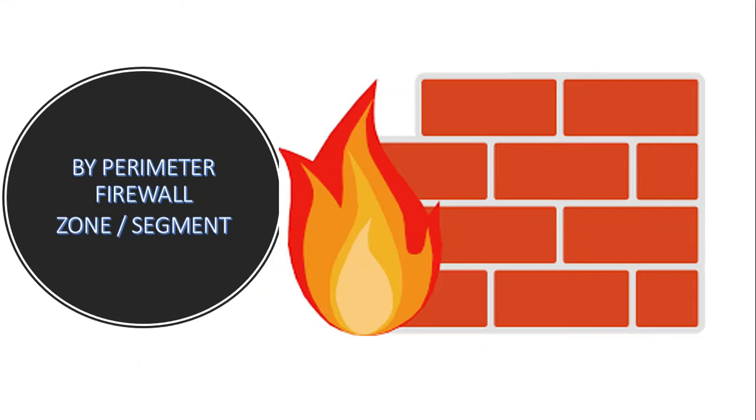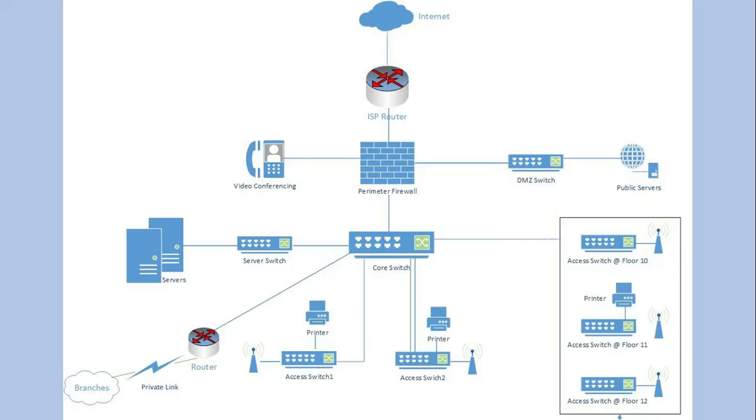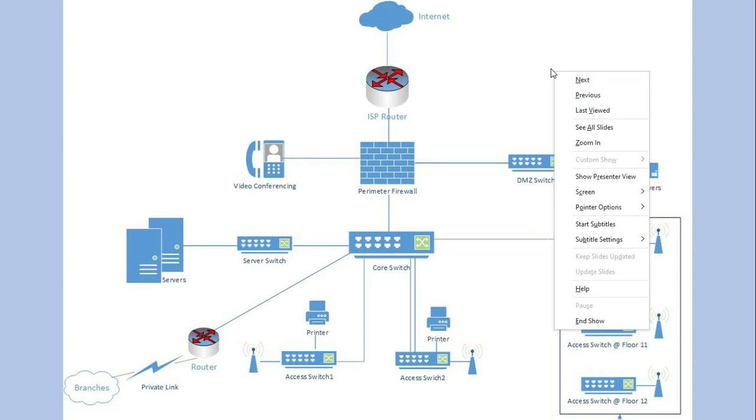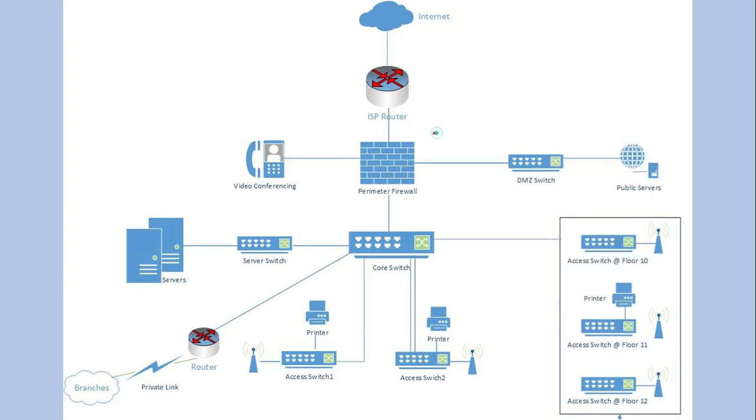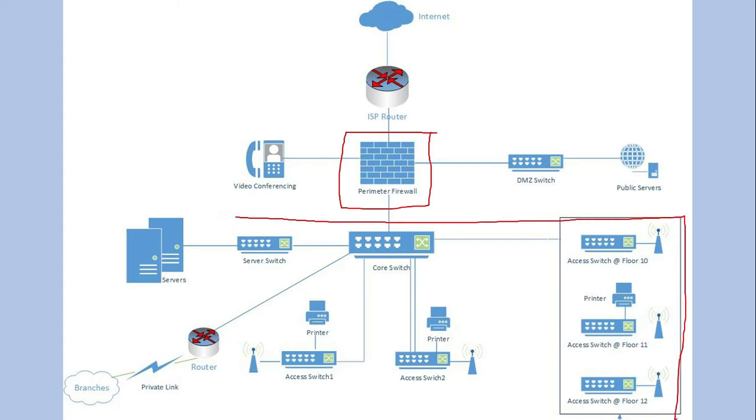Now, the second way is by the firewall, by perimeter firewall zone or segment. We can interpret a network using firewall segments. For example, here the firewall is here. So basically what you can see is that there is an internal LAN segment as a whole.